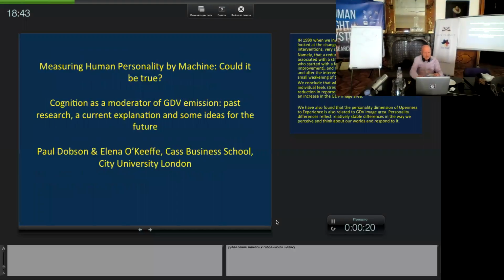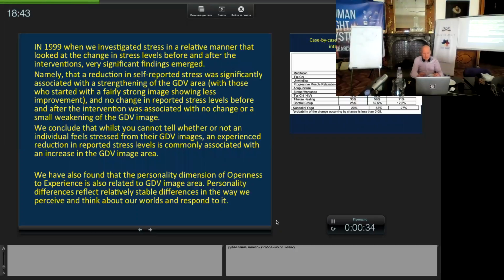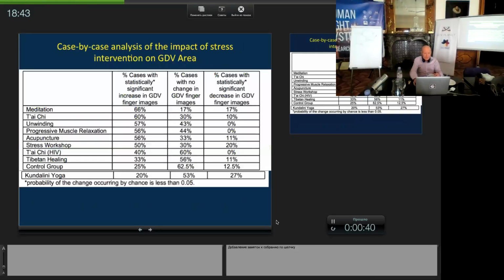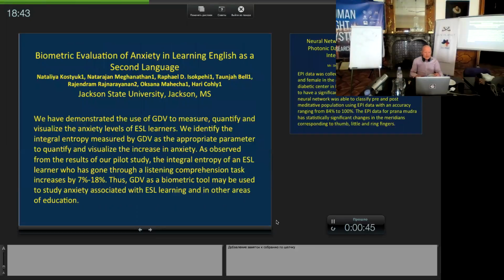Then it is research by London University, by Dr. Paul Dobbs, and they demonstrated very high correlations between data of Bio Well, GDV by that time, and different psychological features. It was very high correlations. Then evaluation of anxiety. That was confirmation of our research on anxiety, on stress level.